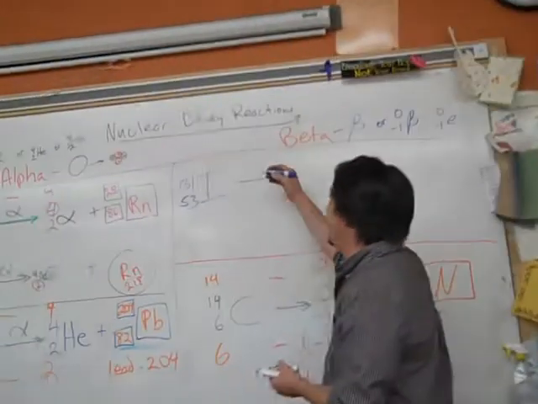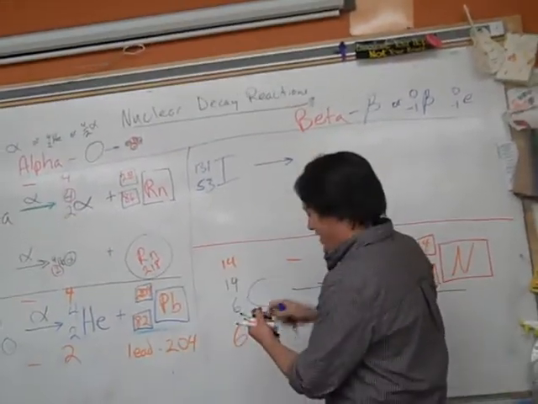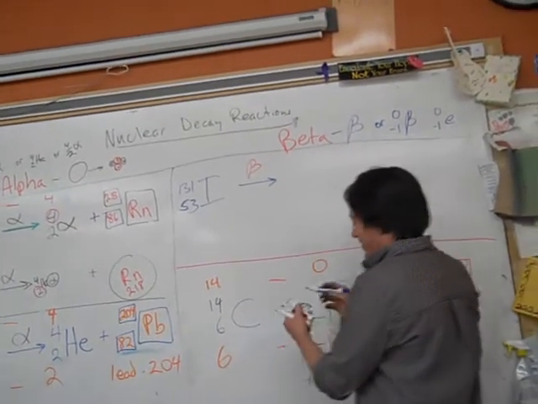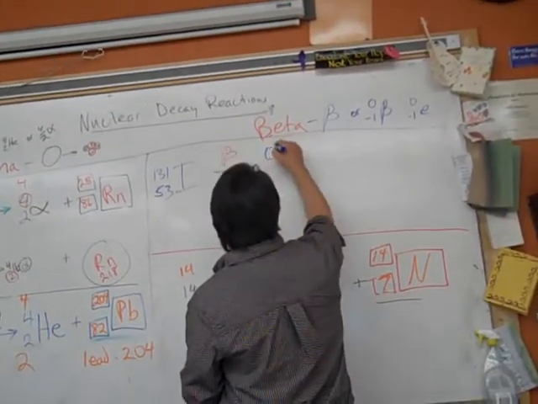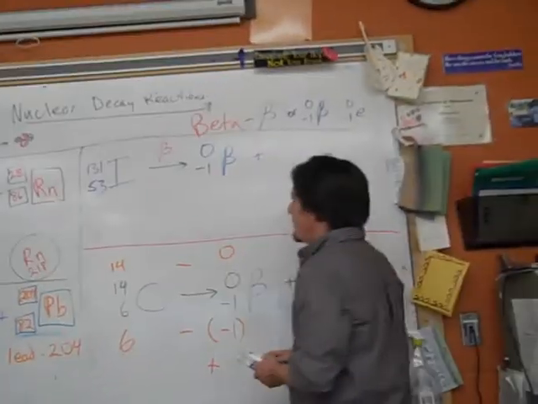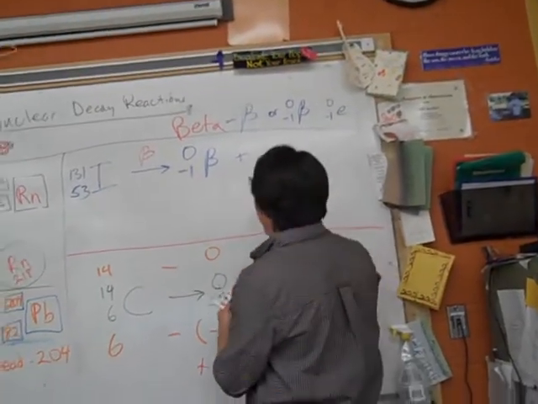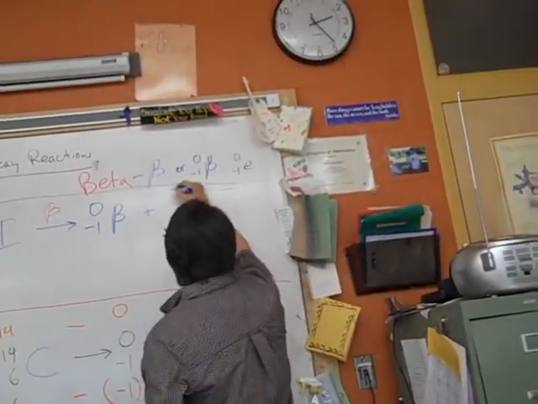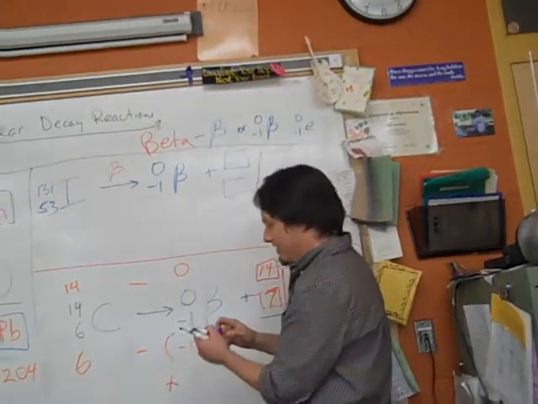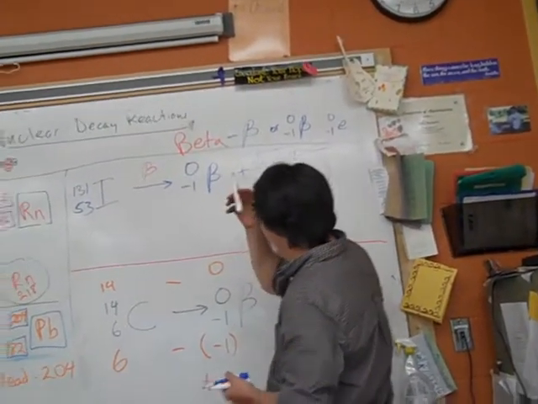It is so funny. Okay, let's move on with beta decay. Iodine-131 decays by beta decay. And that means that we're going to have a beta particle and something else. Okay, and so what's it going to be?